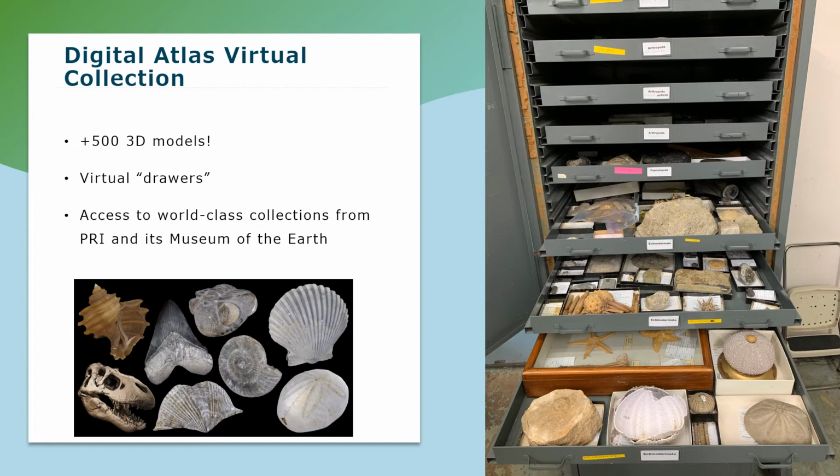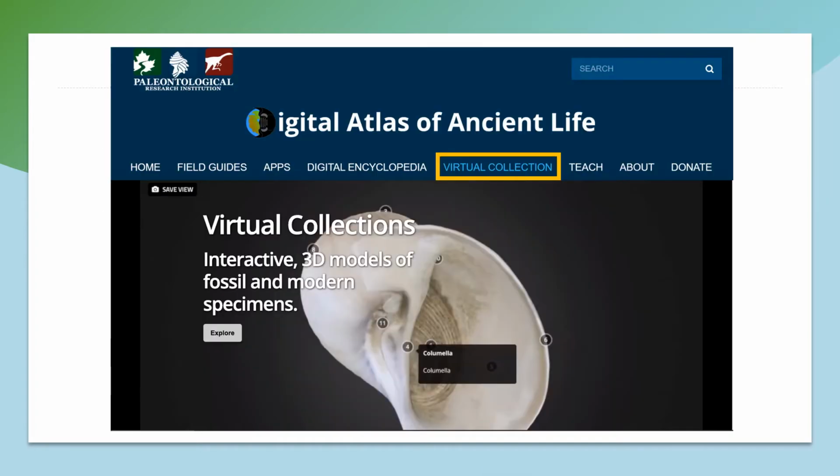So we have taken specimens in the systematic and research collections at the Paleontological Research Institution, as well as specimens on display at the Museum of the Earth. Some of these specimens are often behind closed doors outside of the public view. So being able to create 3D models in these virtual drawers gives the public or anyone with an interest access to these really awesome specimens.